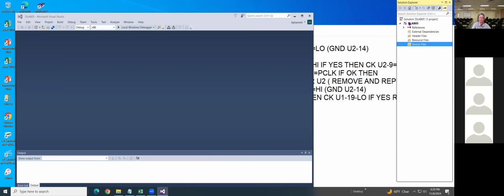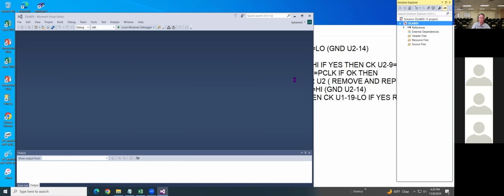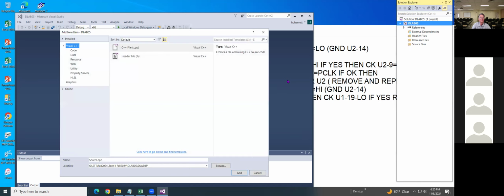Then right click on the project, add new item. You see that? C plus plus, D lab 05. Say okay, add.